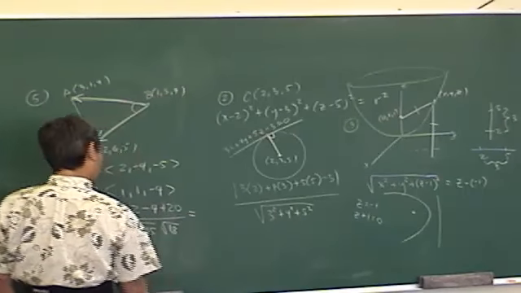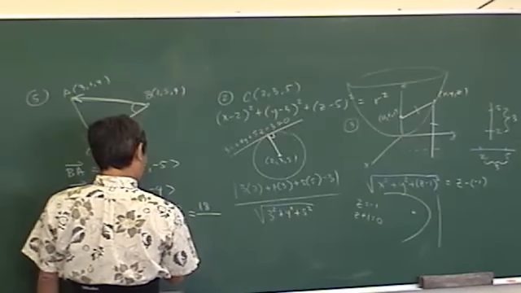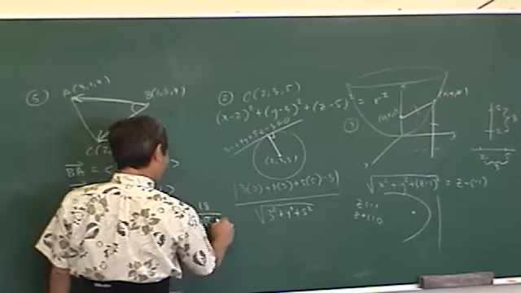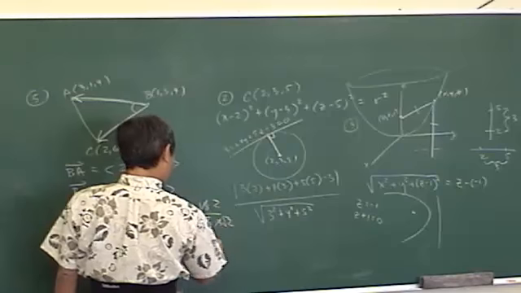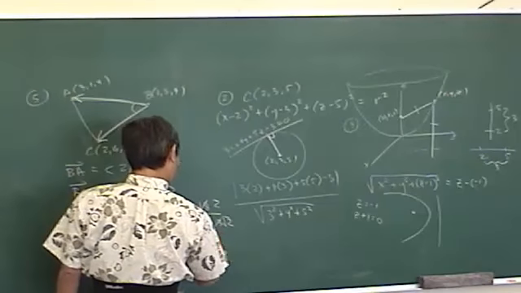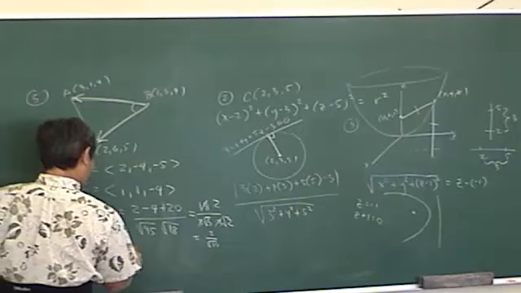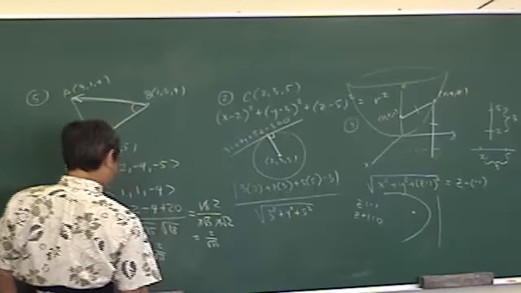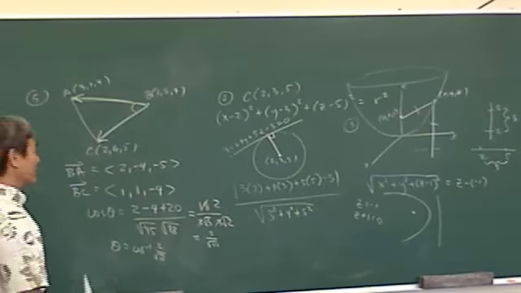So that comes out to 18 over, this is 3 root 5, this is 3 root 2, but 9 goes into 18 two times, so that comes out to 2 over root 10. So theta is equal to cosine inverse 2 over root 10. Just leave it like that, can't do anything with that.